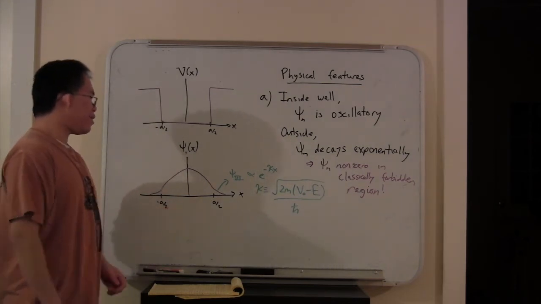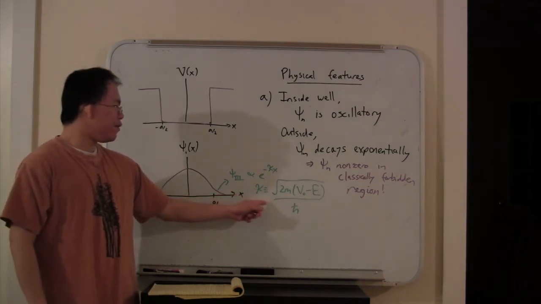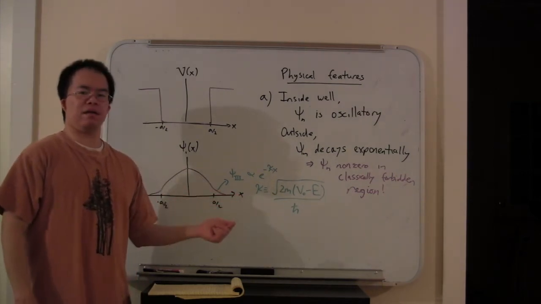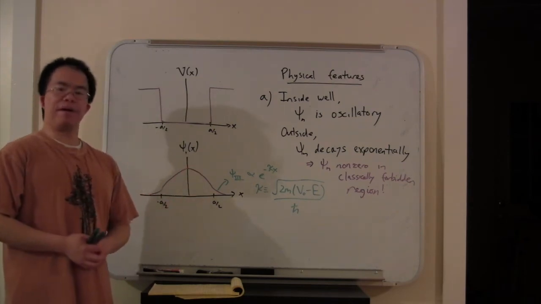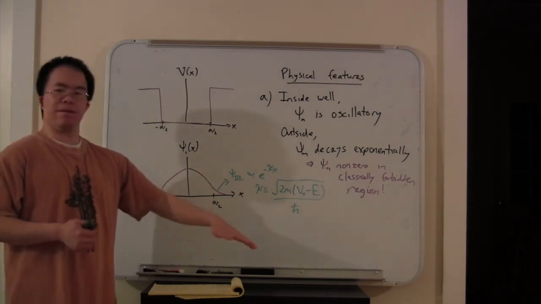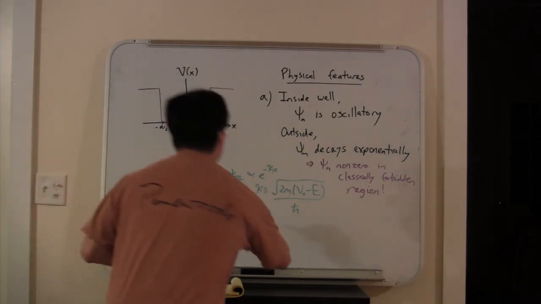So there's a couple of things you can kind of piece from this, right? You can sort of see from the form here that there's a characteristic length scale, 1 over kappa, for how far this penetrates.